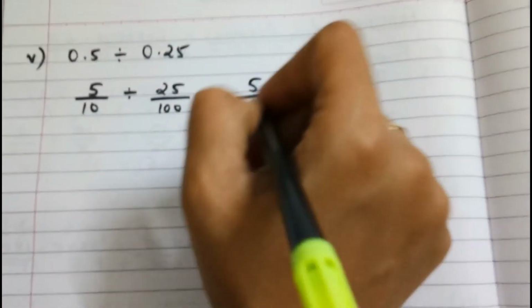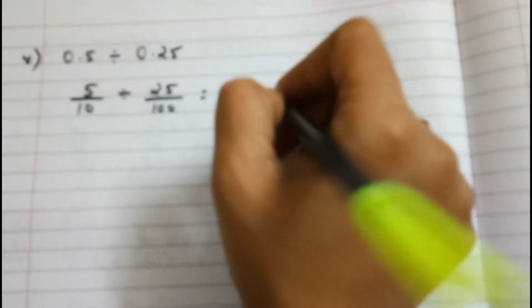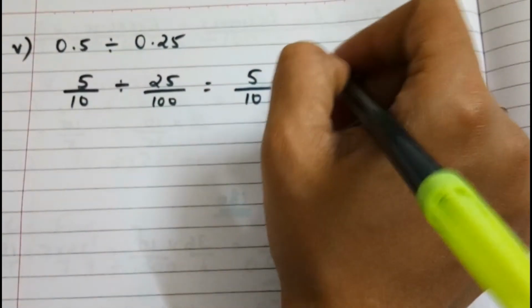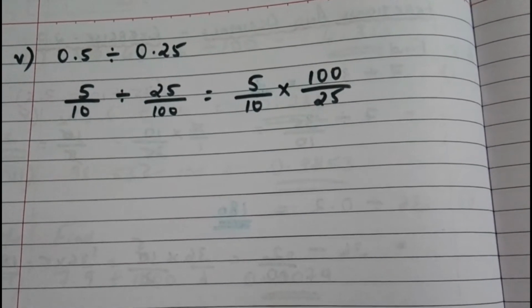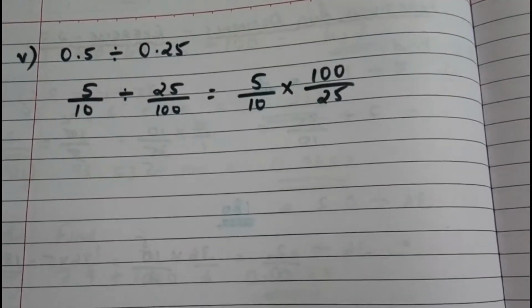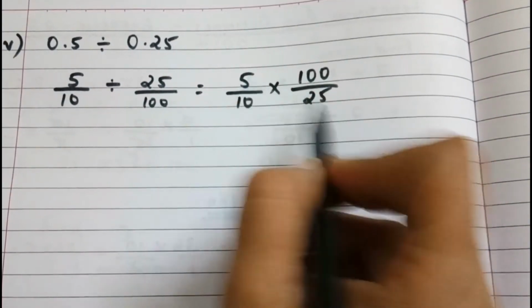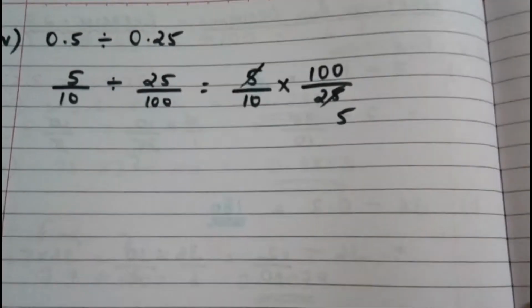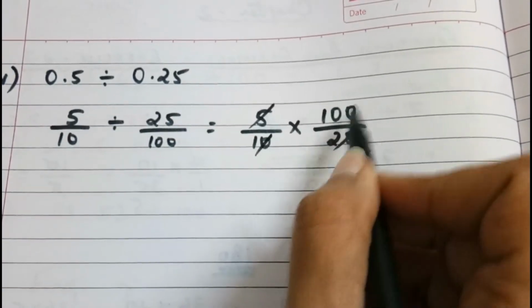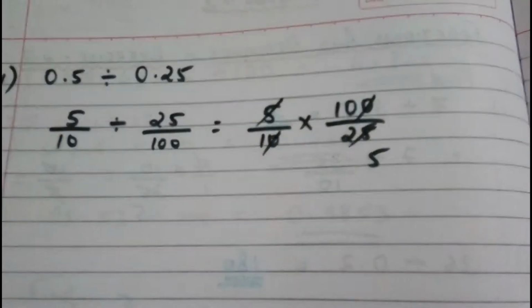That is 5 by 10 into 100 by 25. Clear? Let's start the calculation here. 5 will go in 25 how many times? 5 times. 5 5s are 25. And here 10 and 10 get cancelled. Okay.